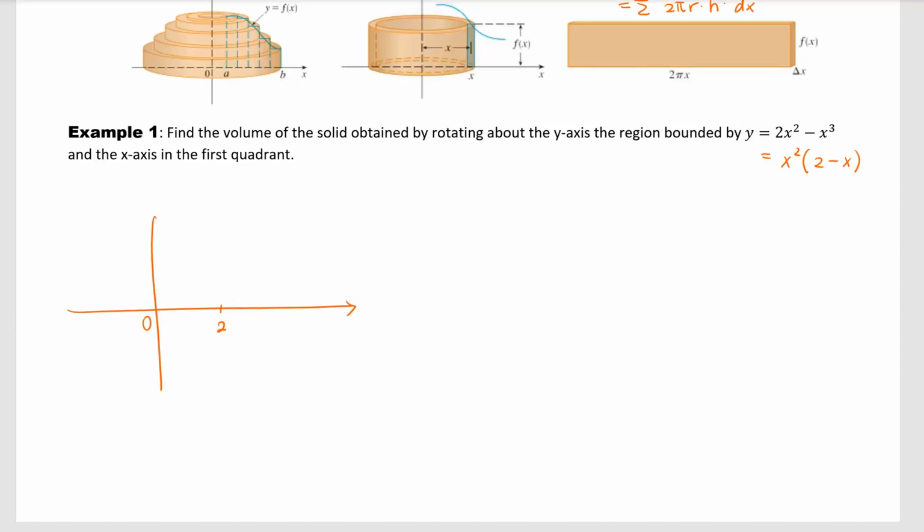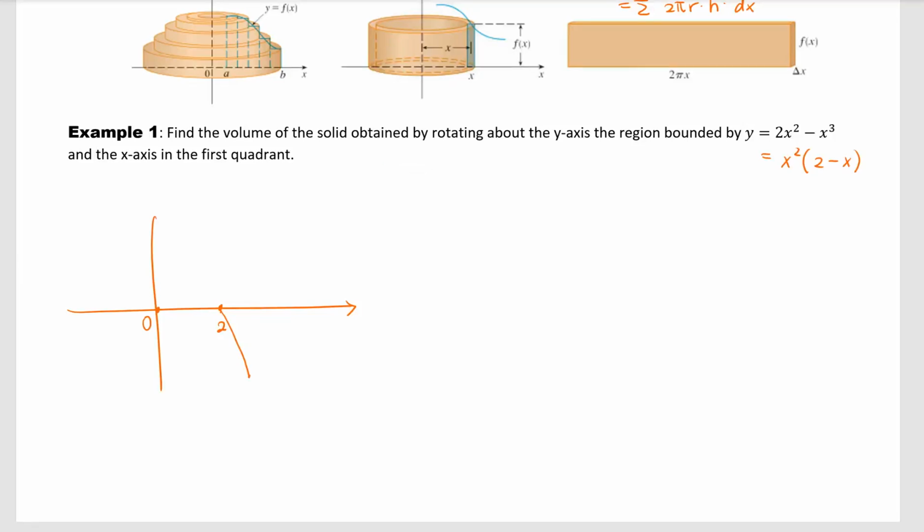And you can actually see, when we plug in 3, let's see what happens. 3 squared is 9, 2 times 9 is 18, 3 cubed is 27, so we get negative 9. So it's going to be a negative number, okay?